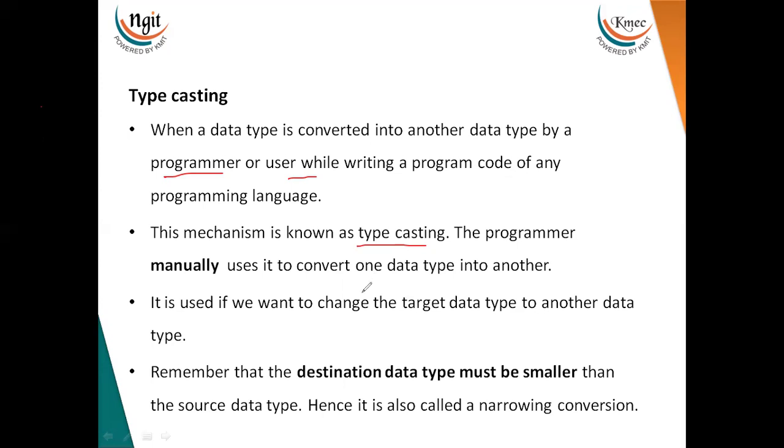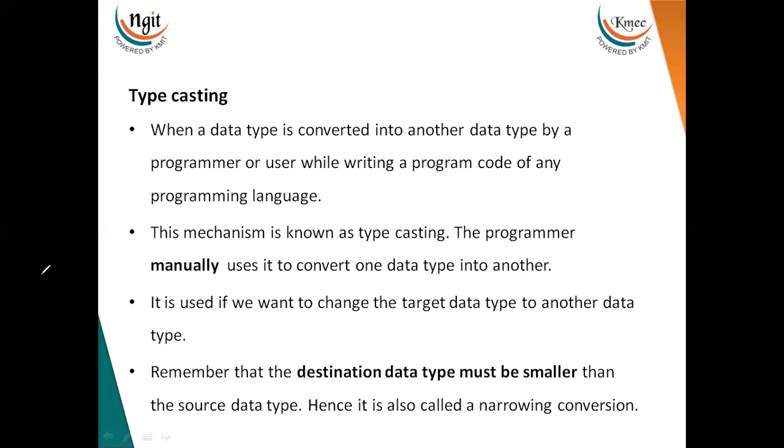Here the programmer has to do it manually. It is used if we want to change the target data type into another data type. Of course, here also the important note is this: the destination data type must be smaller than the source data type. In this case only, you can perform the typecasting.